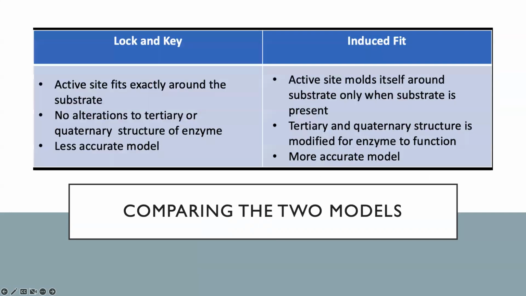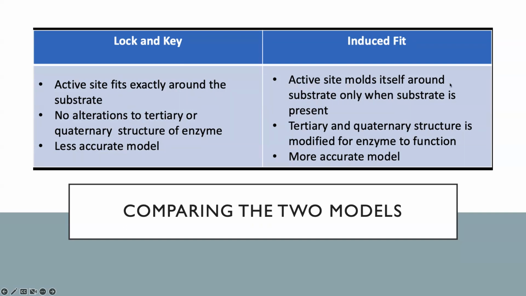And I thought this was a great little comparison between them. So here you have the lock and key model on the left, and on the right you have your induced fit. So again, in the lock and key model, your active site fits exactly around the substrate. You're not going to have any alteration to the structure of the enzyme, and it's a less accurate model when we're talking about enzymes.